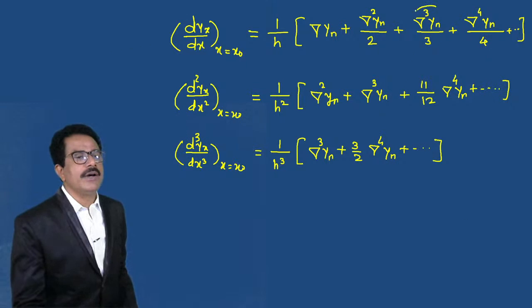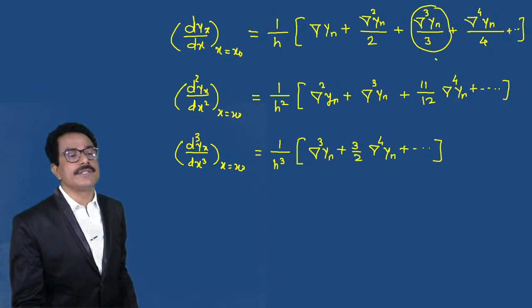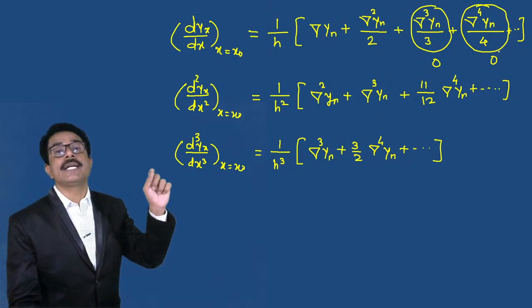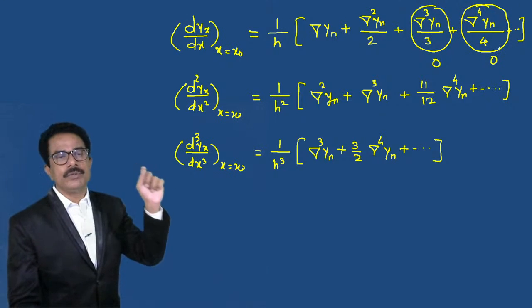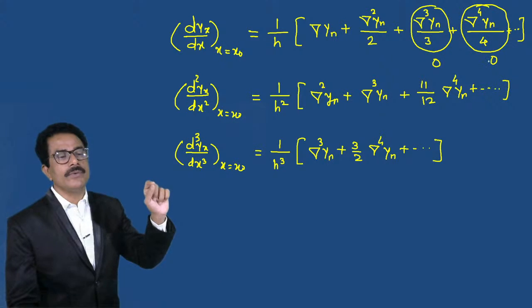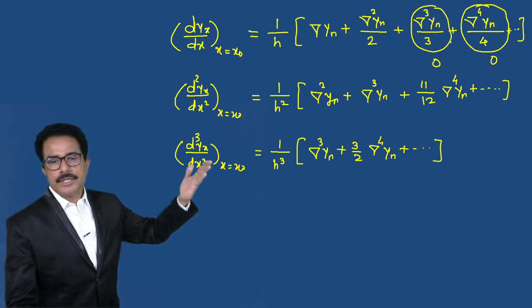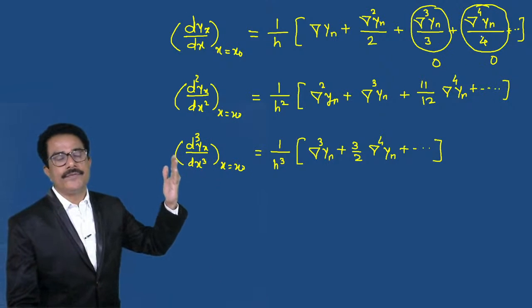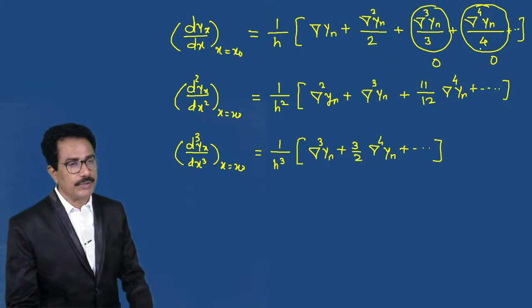Here the third difference is 0 and the fourth difference is 0 from the table. From Newton's backward difference table, the third order difference is 0 and the fourth order difference is 0.